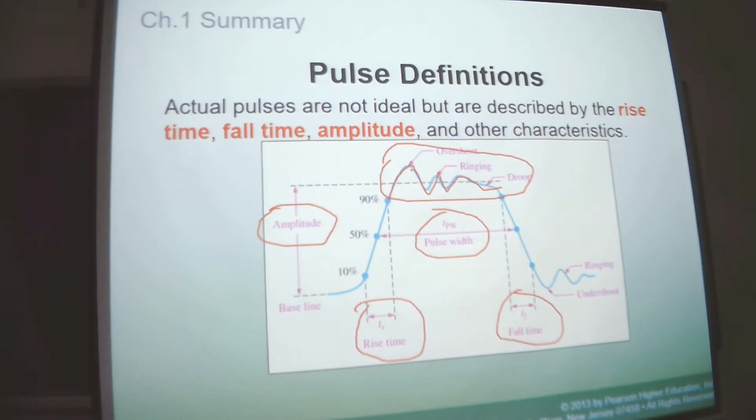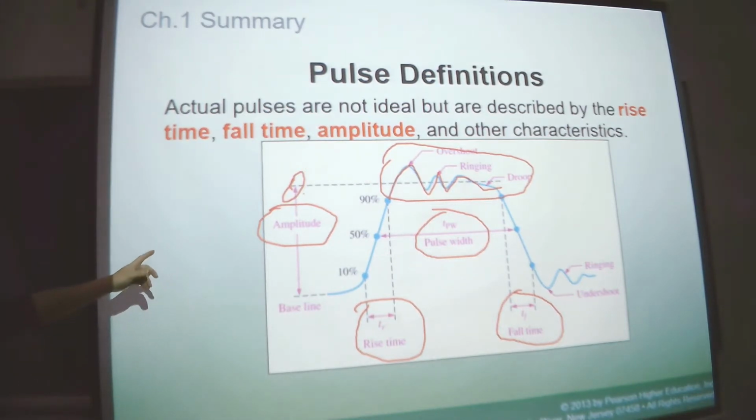And the most fluctuating wave is called overshoot. What is amplitude? It is the difference between the mean value and the baseline, from the lowest value to the high value.